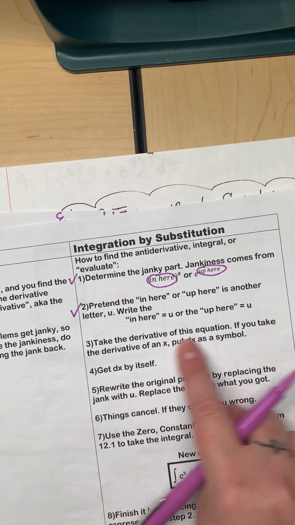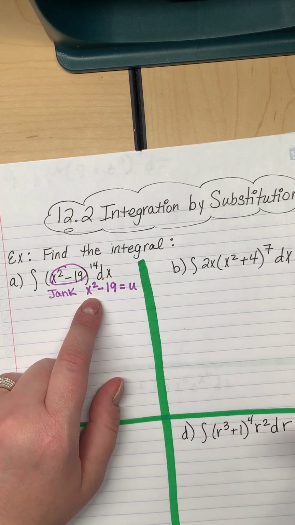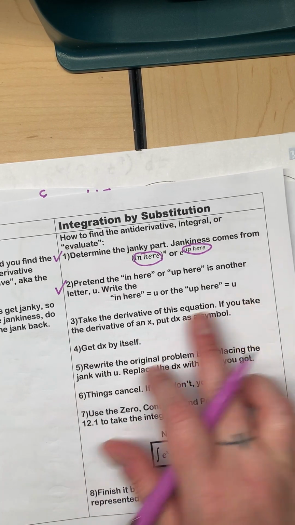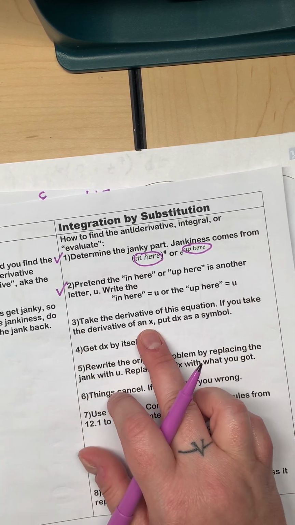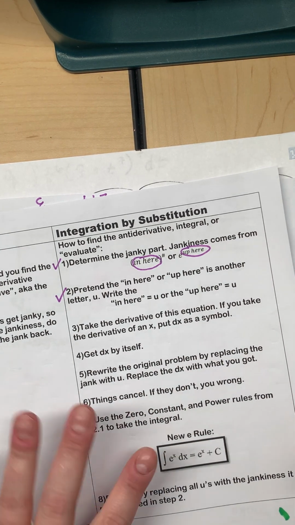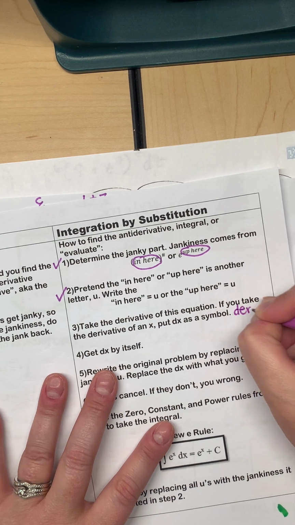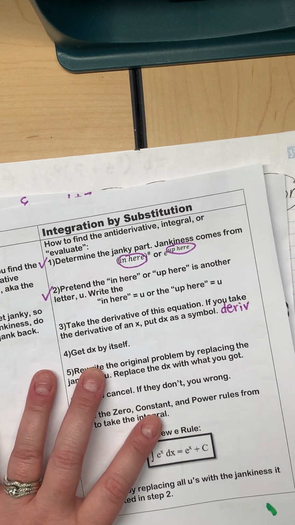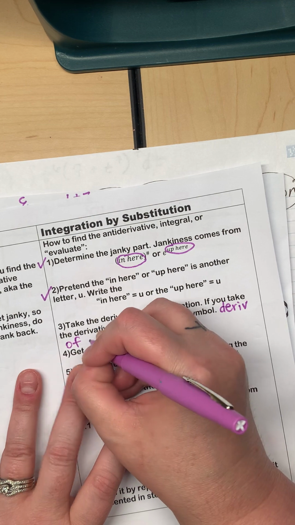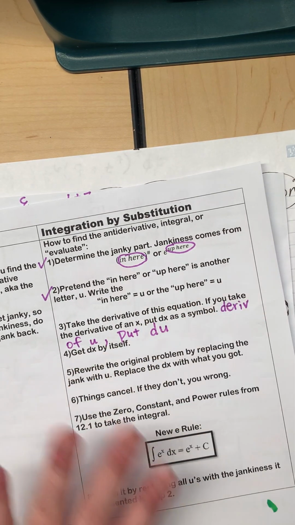Okay, so we've done first step, second step. Third step, take the derivative of this equation. Let's go. What's the derivative of, oh, my bad, hold on, I forgot something. If you take the derivative of an x, put dx as a symbol. And then I forgot to say this. If you take the derivative, write this down on your tricks. If you take the derivative of a u, put du.